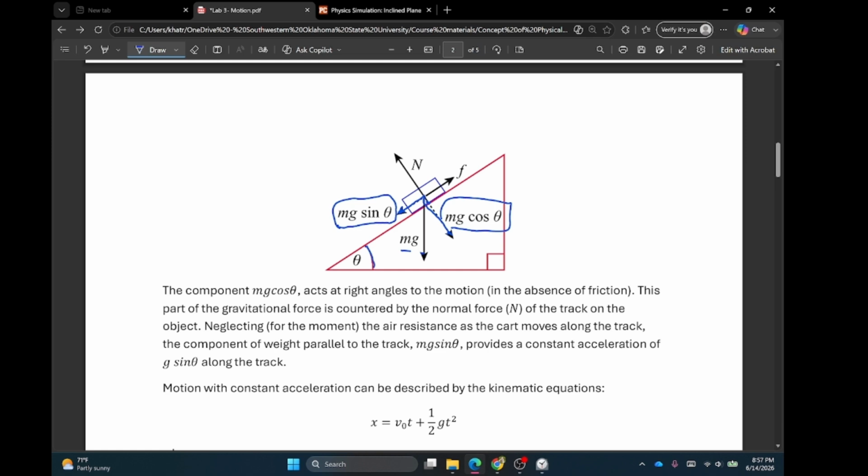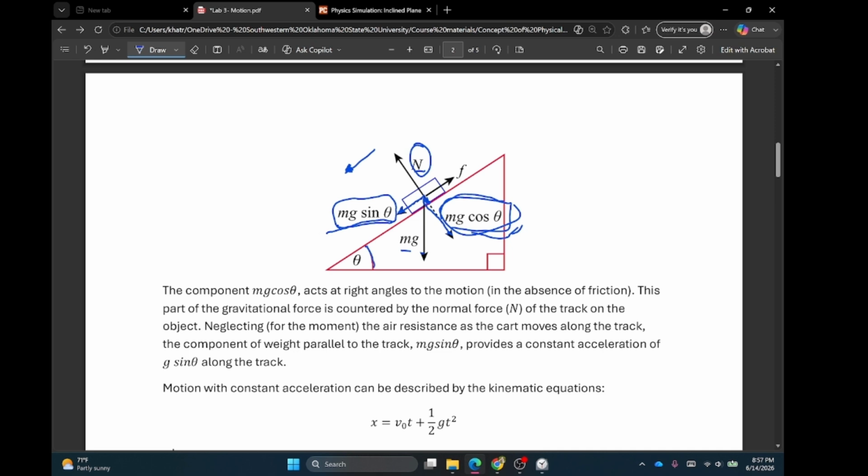And when two objects are touching, we'll also have a normal force, and that is directed opposite to this component. So this normal force and this force balance each other and don't have any effect on acceleration along the surface. Whenever this object is sliding along this surface, the only component that creates this acceleration is mg sine theta.